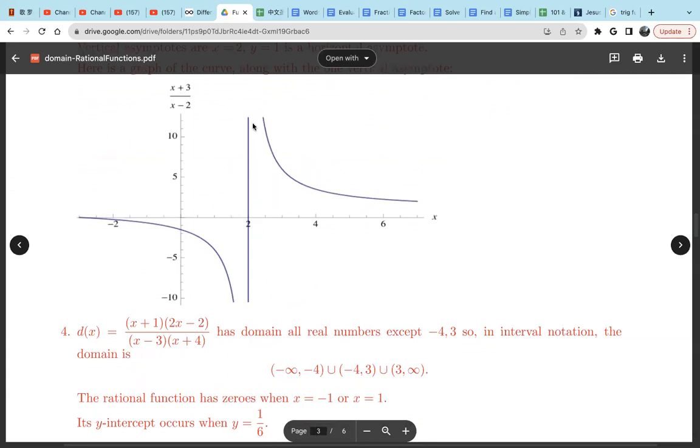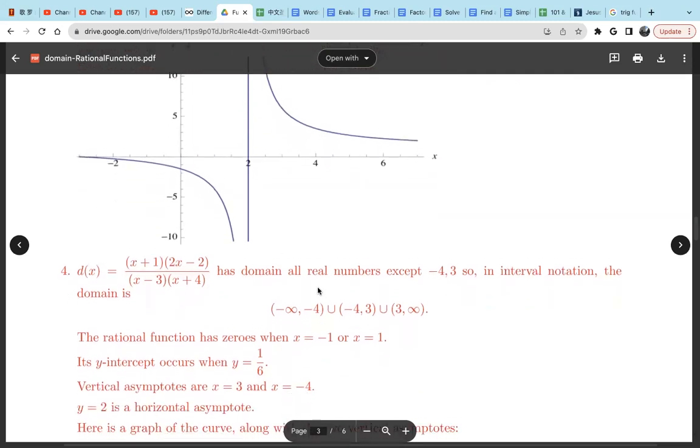So we see x equals 2 is a vertical asymptote. Y equals 1 is a horizontal asymptote. Okay, asymptotes are prohibited lines. So this piece of graph will never cross the vertical asymptote and horizontal asymptote. And this graph also will never cross the vertical asymptote and horizontal asymptote.